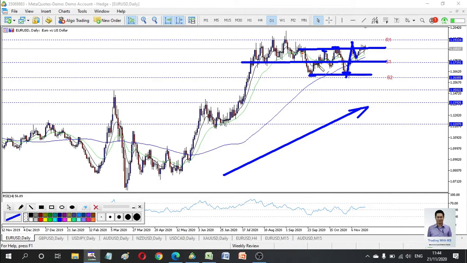But there is still some opportunity to trade if you can catch the support and resistance area. Generally though, this is a very difficult place to trade because the price doesn't respect it.